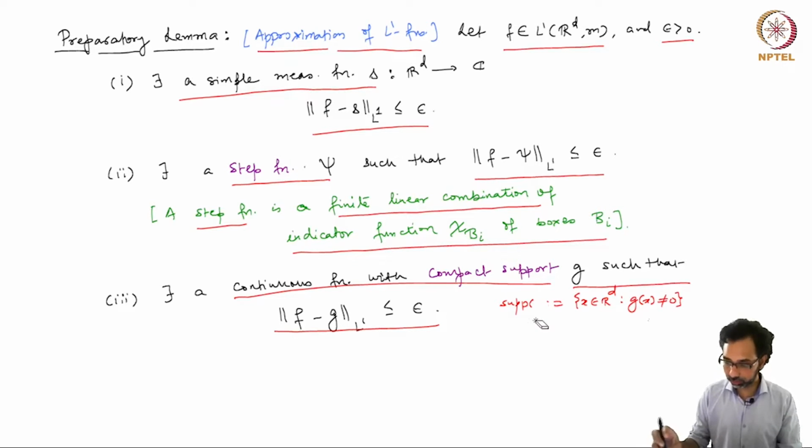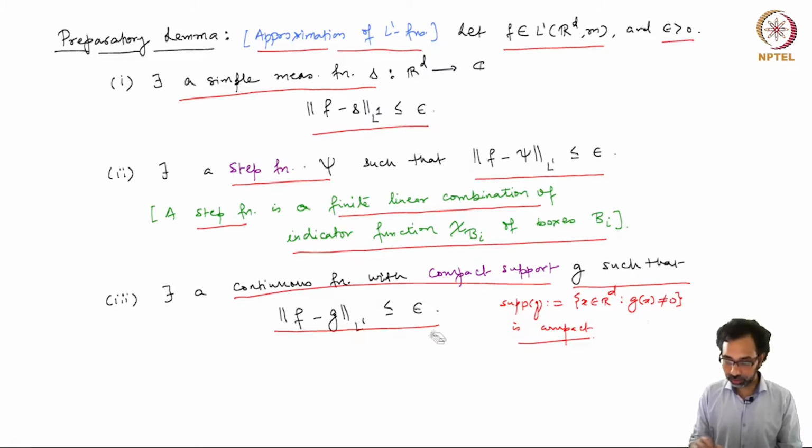So this is called the support of this function g, and when this is compact, we say that g is of compact support, or g is a compactly supported function.